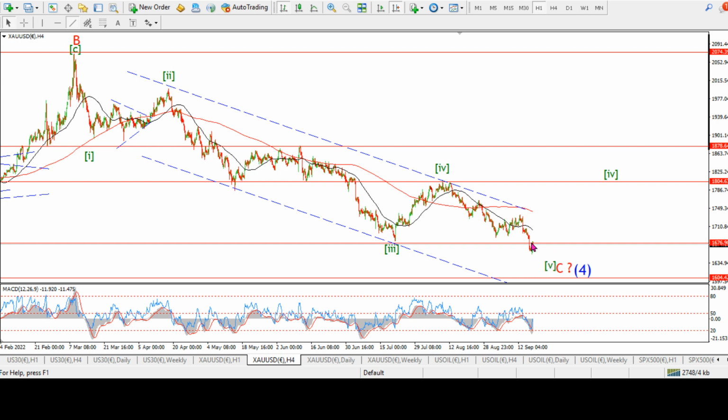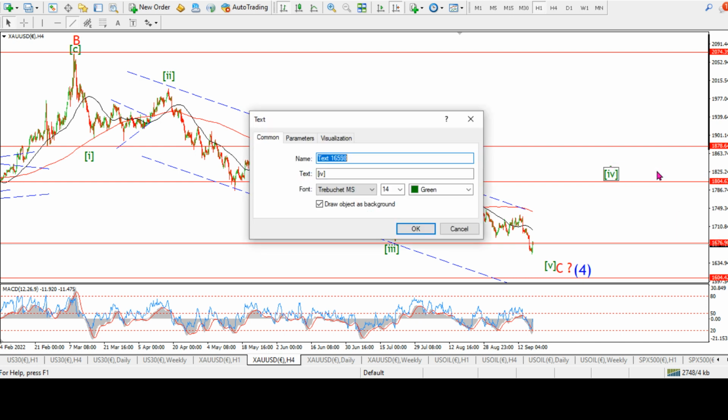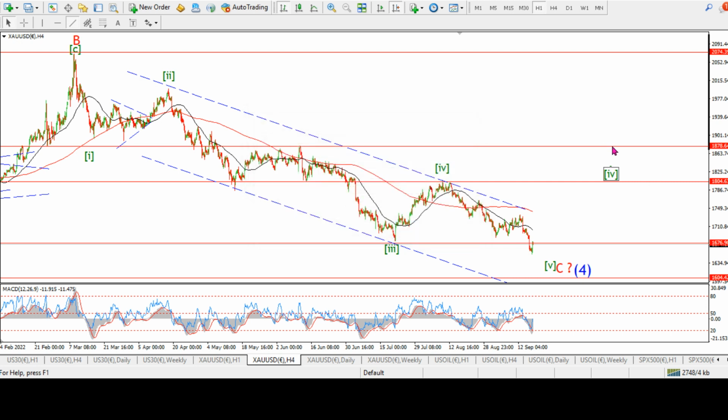But tentatively, we may have bottomed here. It would be quite interesting to see a bottom in gold right when the stock market seems ready to capitulate.